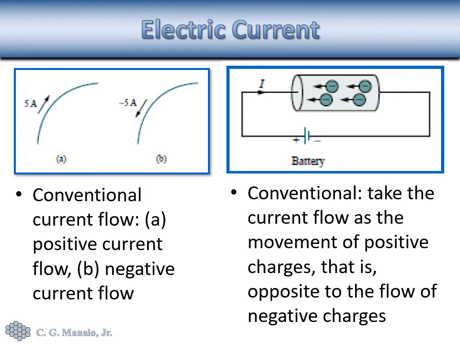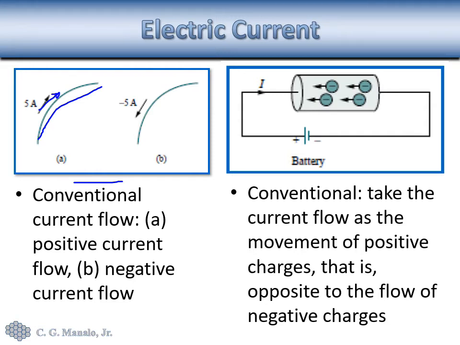So as I mentioned a while ago, current is by convention opposite to the flow of the electrons. Now, in the left figure, we have two representations of current flow. For example, this is a wire, and current is in this direction.